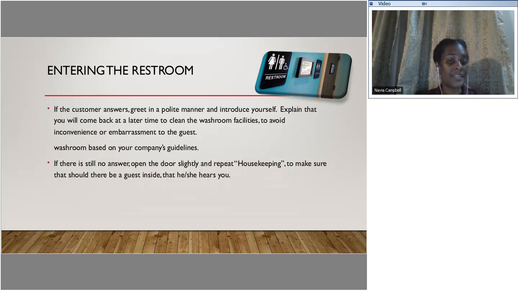If a customer answers, greet in a polite manner and introduce yourself. Explain that you will come back at a later time to clean the washing facilities to avoid any inconvenience or embarrassment to the guest. If no answer is heard, knock again and repeat "housekeeping." If there is still no answer, open the door slightly and repeat "housekeeping" to make sure that should there be a guest inside, he or she hears you.